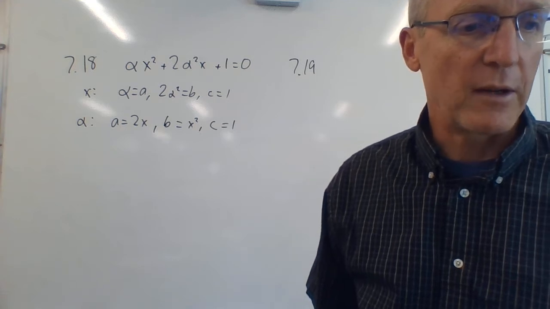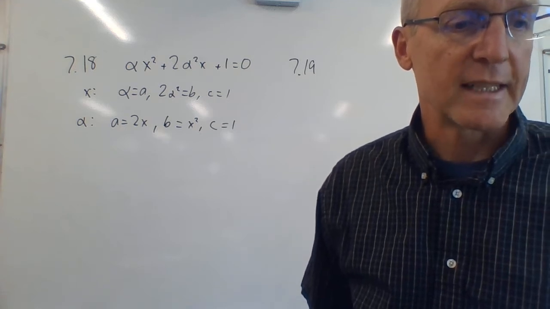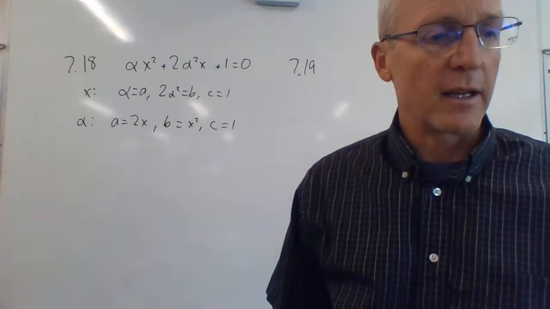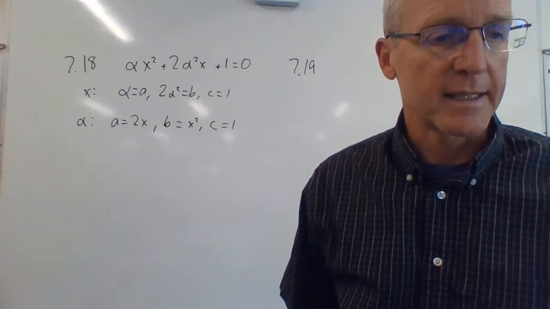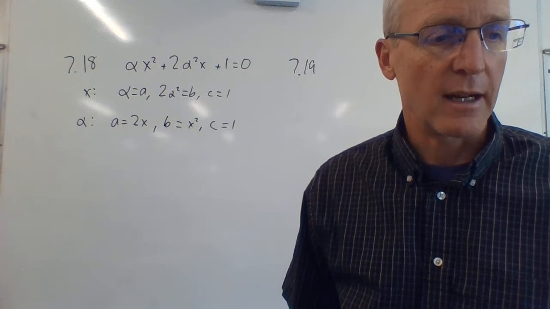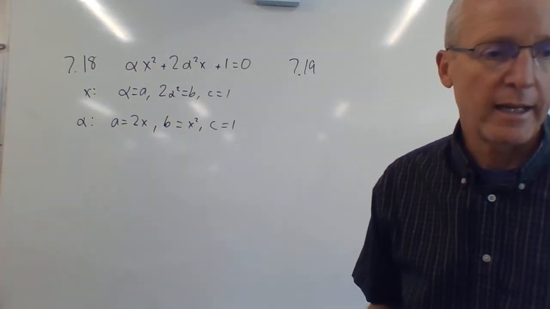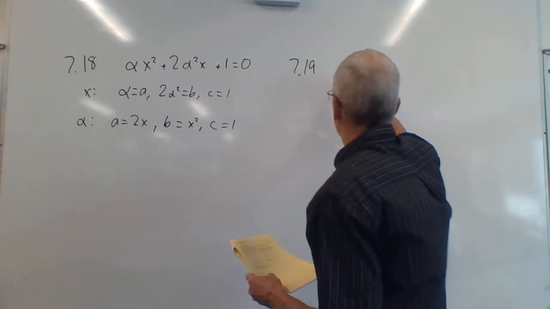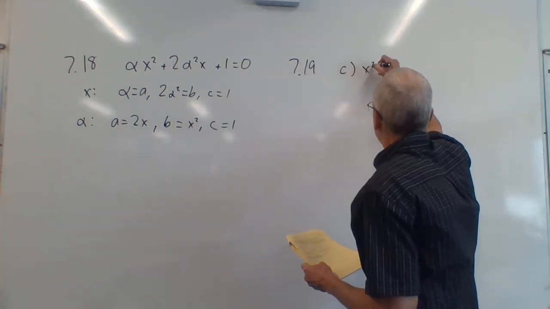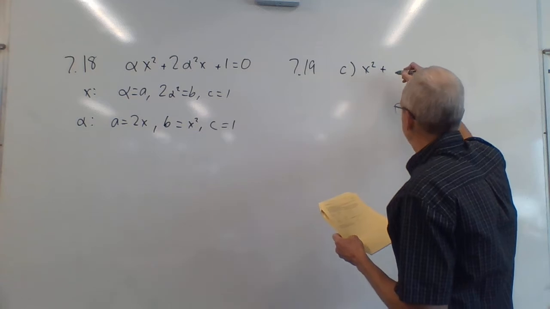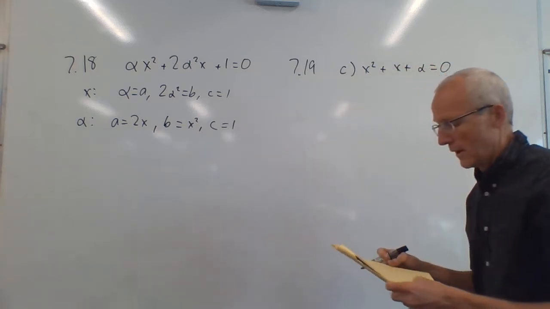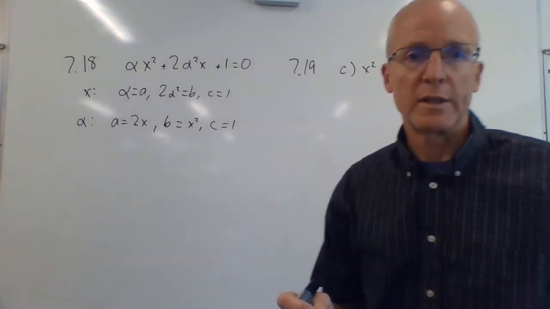If you look at 7.19, it says for each of the following, find the values so that the equation has exactly one solution. If you look at these, they're all quadratics in x squareds, x's, and c's. So let's look at c, perhaps. X squared plus x plus alpha equals 0. We want to make sure it only has one solution.